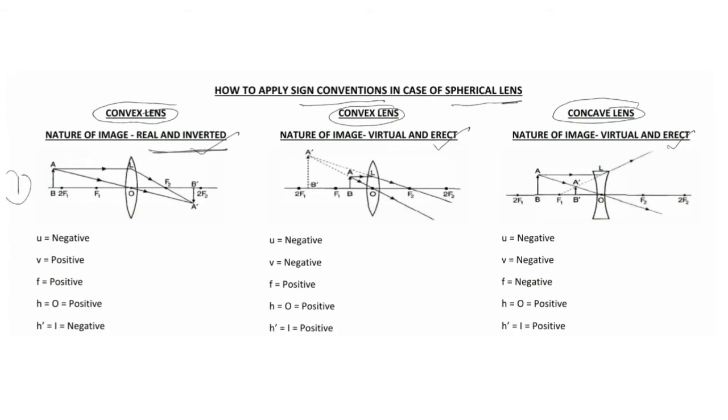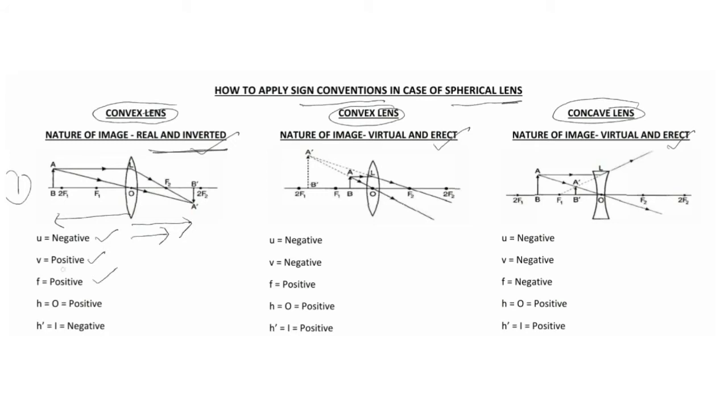In this case, the object is placed to the left of the optical center, so it is negative. V means image distance. The image is lying to the right of the optical center, so it is positive. Focus is lying to the right of the optical center, so it is also positive.